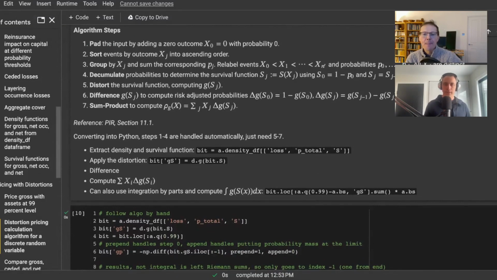So there isn't a way to just take probabilities and distort them directly? Well, this is pretty direct. Say a probability of 0.2, we apply our distortion function, and now it's 0.4, or whatever it is. But then to have to go through this survival function, decumulate, it just seems like a lot of steps. Is there a reason why?